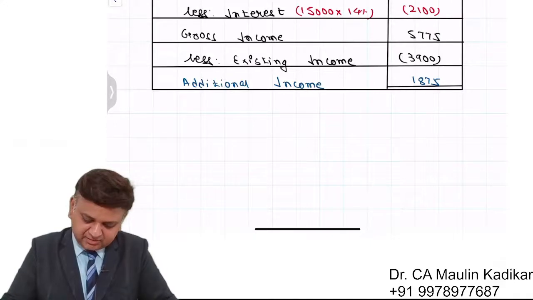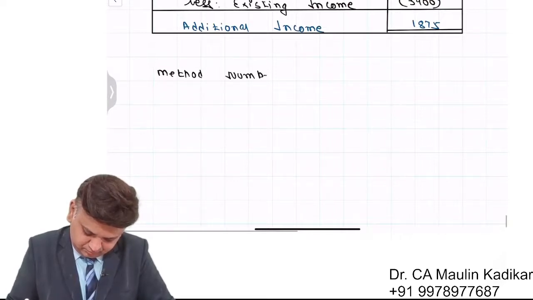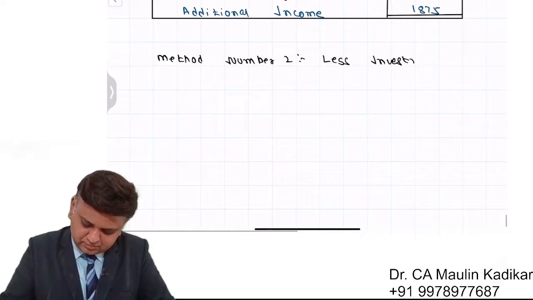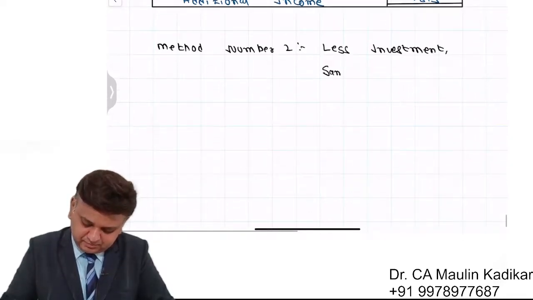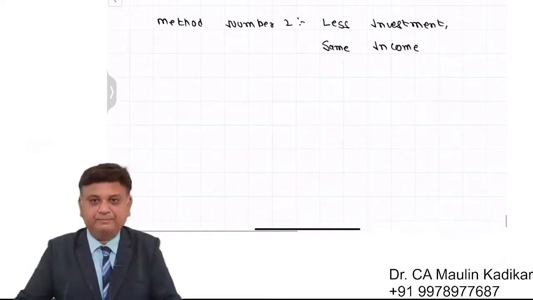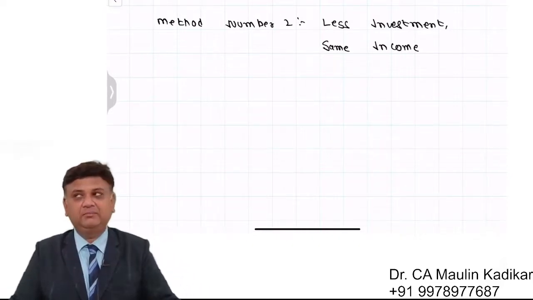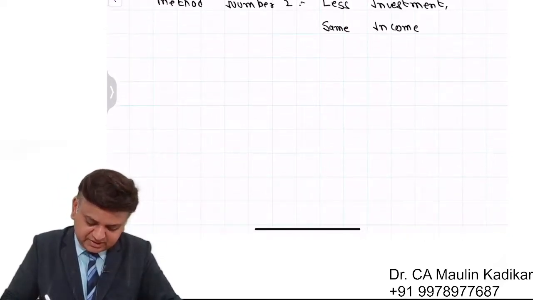Heading that down, method number 2. Less investment, comma, same income. So over here the amount of the investment will be reduced. In spite of that, income will remain the same. In that, we will work out the answer like this.